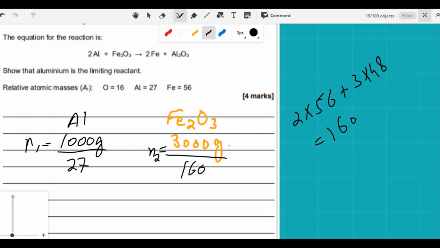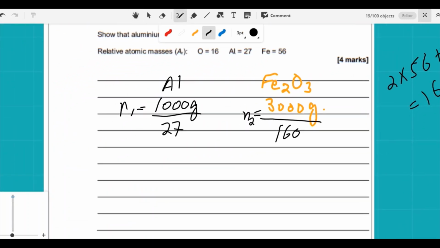So you have to divide by 160. Let me calculate again, 1000 divided by 27 equals 37.0 moles, while 3000 divided by 160 equals 18.75 moles.